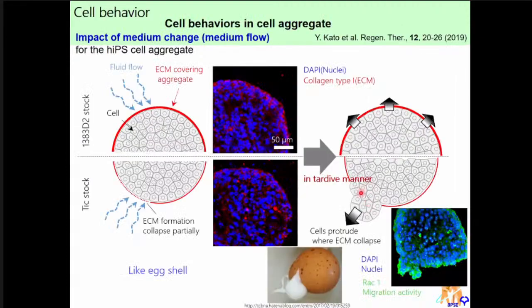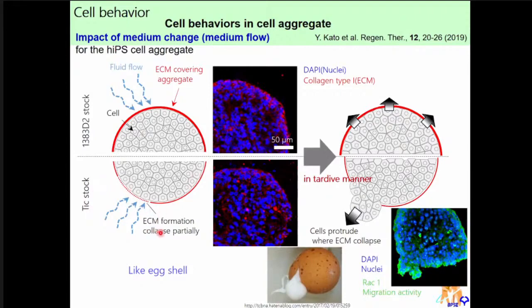That's due to the collagen. They produce collagen type 1. In the case of the weak one, this thick wall has a small amount of collagen type 1.